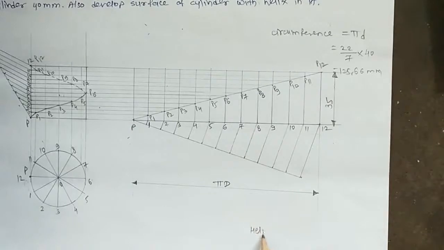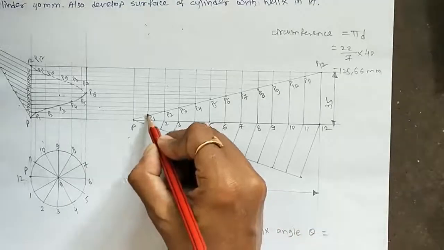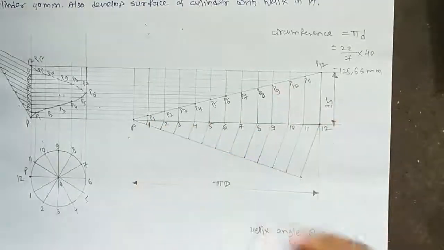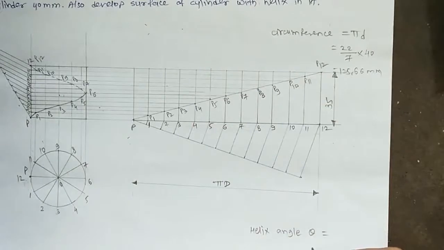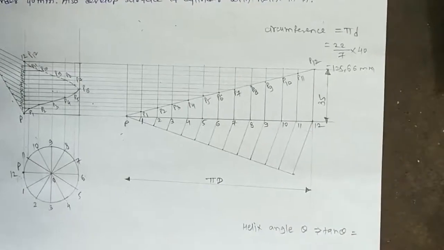The helix angle theta, suppose this is angle theta, is calculated by the formula tan theta equals 35 divided by pi d, that is pitch divided by circumference.